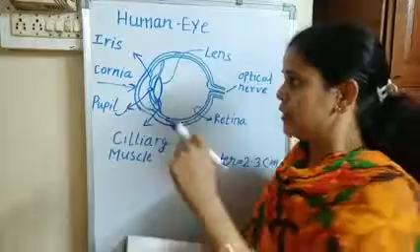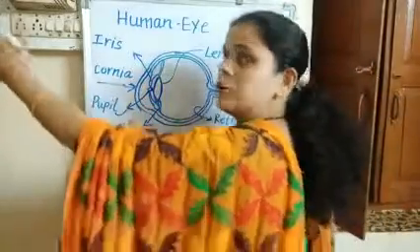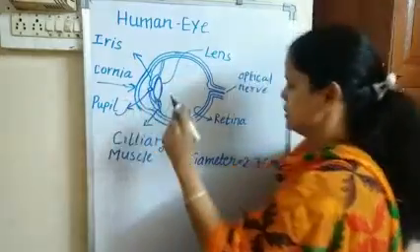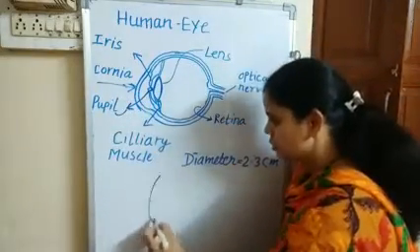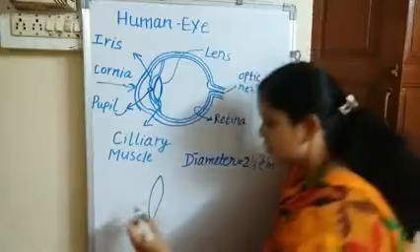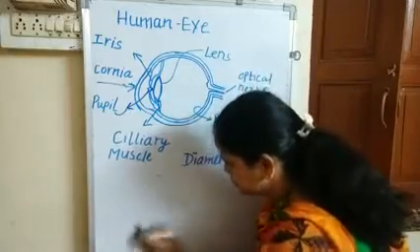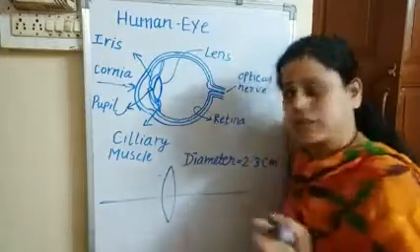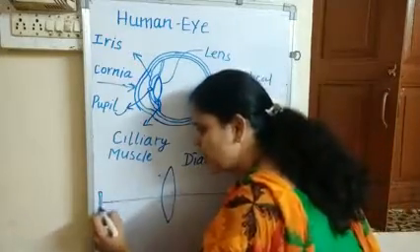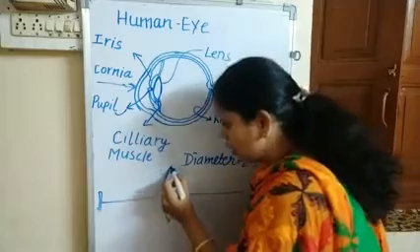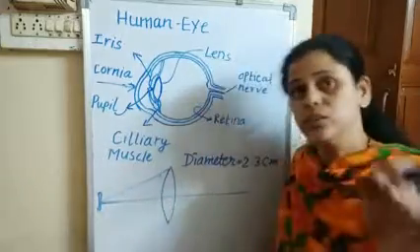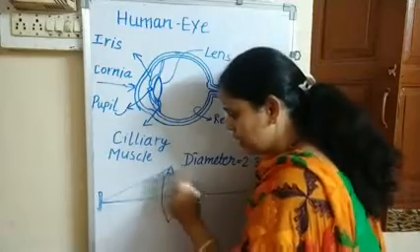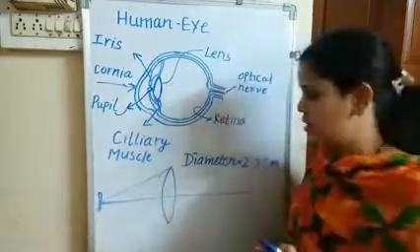It adjusts the focal length. How? Just observe this picture. This is a lens. If the object is at a long distance, then the focal length of this lens increases.